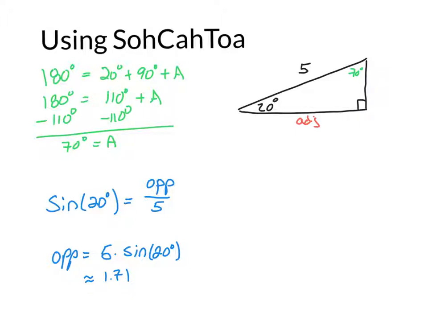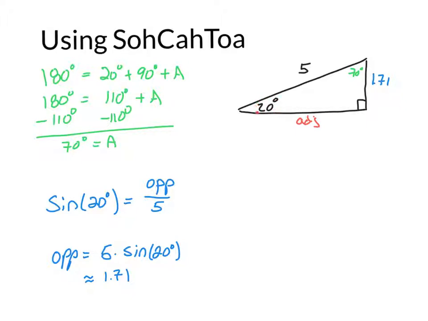We'll call this 1.71 if we want to estimate. I actually have the opposite side now, so I could use it to figure out the adjacent, but we'll stick with our original. So we have our adjacent side and our hypotenuse, and I have this angle, 20 degrees.